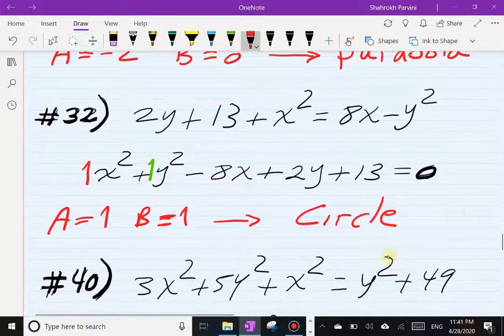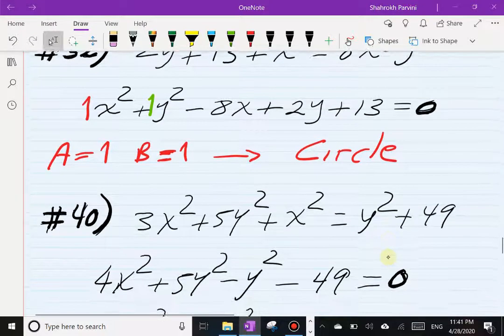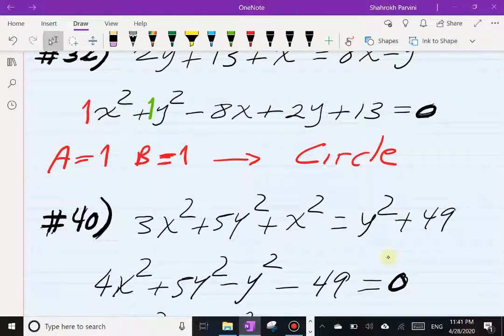Let's take a look at number 40. In number 40, we do not quite have the standard form. Remember, the right side must be 0. So what I did first is I moved both terms from the right to the left. And so I got x squared and 3x squared that combined into 4x squared, right?